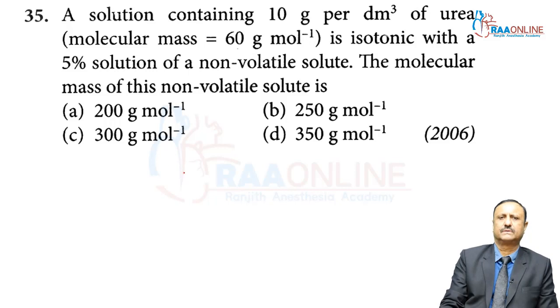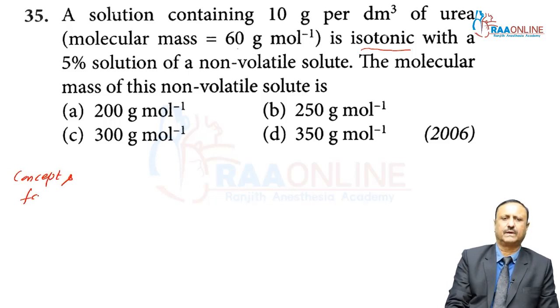Here, my dear students, you can see these are isotonic solutions. What are isotonic solutions? What is the concept and formula? Concept and formula for isotonic solutions, my dear students.